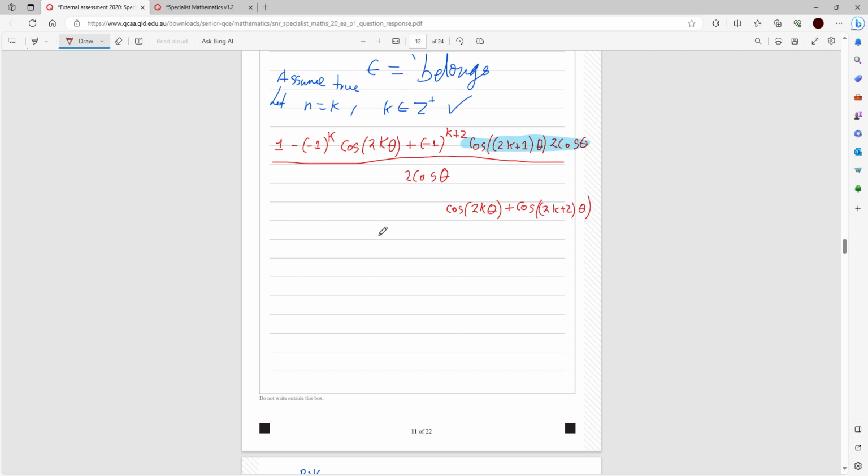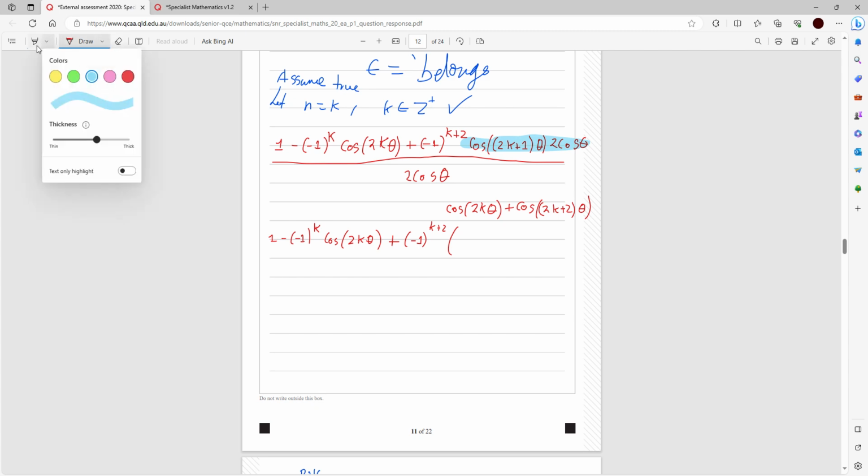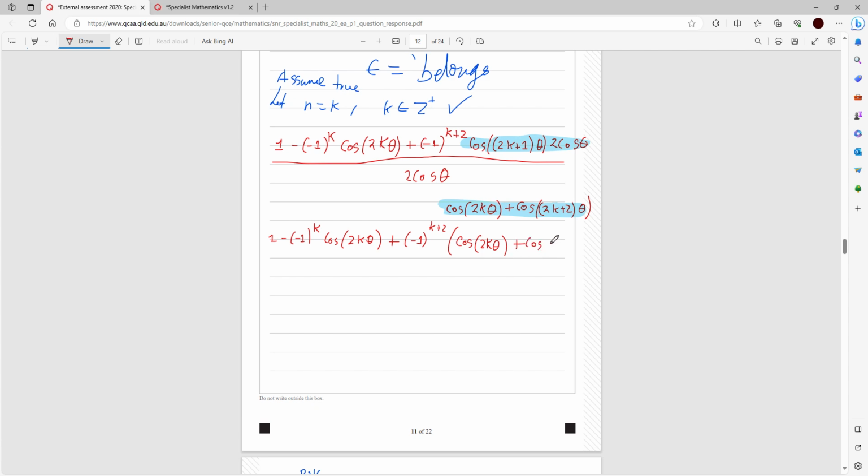Okay, so I can rewrite this whole thing as 1 minus negative 1 to the k, cos of 2k theta, plus negative 1 to the k plus 2, and it's being multiplied by this replacement here. So this bit is going to be that bit now. So we'll have cos of 2k theta plus cos of (2k plus 2) theta, all over 2 cos theta.